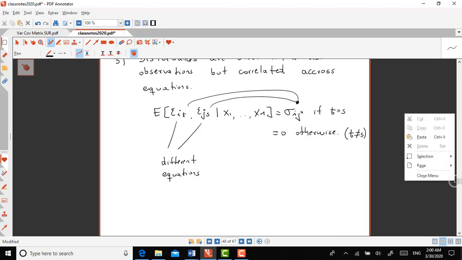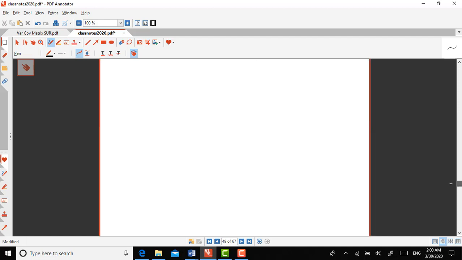Let's think about the variance covariance matrix of all the errors in the demand system, thinking about demand, but it could be any system of equations, conditional on x_1 up to x_n. Sometimes, to save space, I'm just going to add a dot there. So this is going to be equal to the expected value.